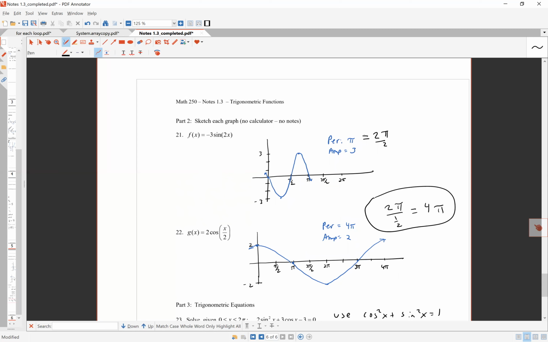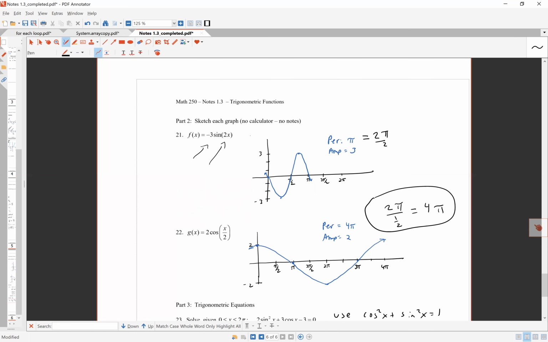That PR means period, and it's pi because the period of sine is 2 pi, and you divide by the coefficient of x. So 2 pi divided by 2 is pi. And the amplitude is 3, because it's always the absolute value of the coefficient of the sine function. So we're taking the sine function, first flipping it over because we're multiplying it by a negative, and then cutting the period in half.